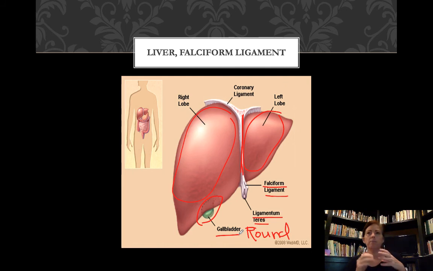And so bile is made by the liver, but it's actually stored in the gallbladder. And then it's released in response to hormones. The primary hormone for that is going to be cholecystokinin, or CCK, which tells the gallbladder to release its stored bile.